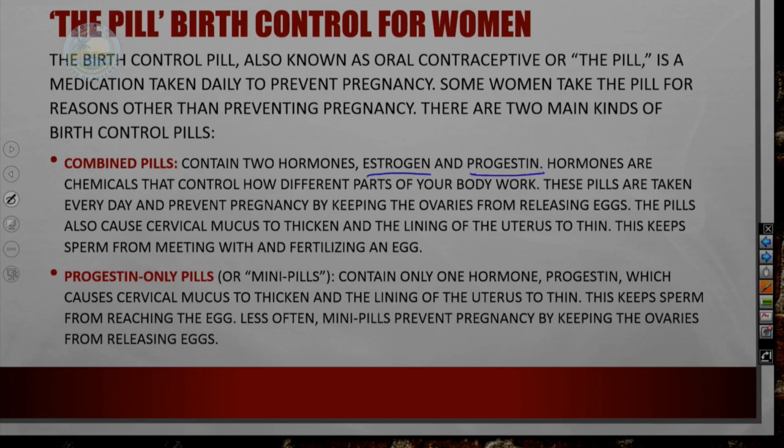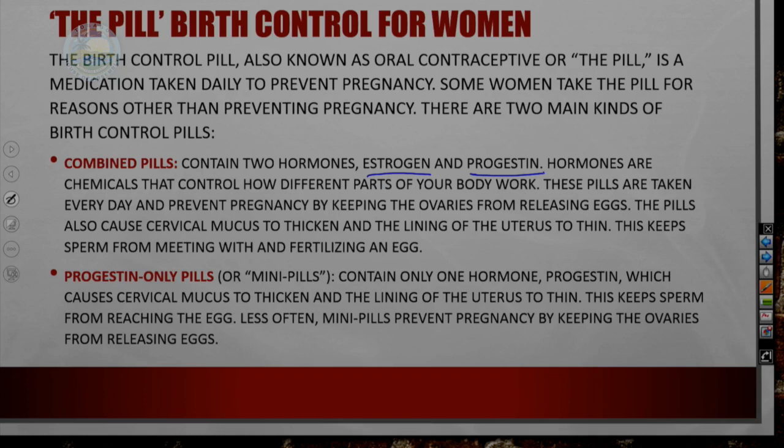And these hormones are chemicals that control how different parts of your body work. They are taken every day, and they prevent pregnancy by keeping the ovaries from releasing eggs. The pills also cause cervical mucus to thicken and the lining of the uterus to become thin.